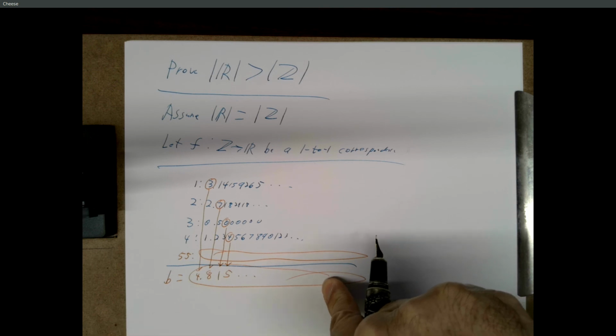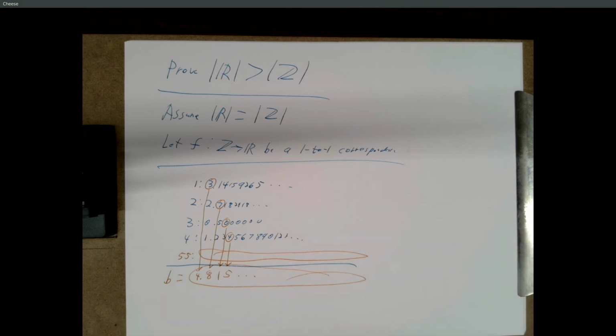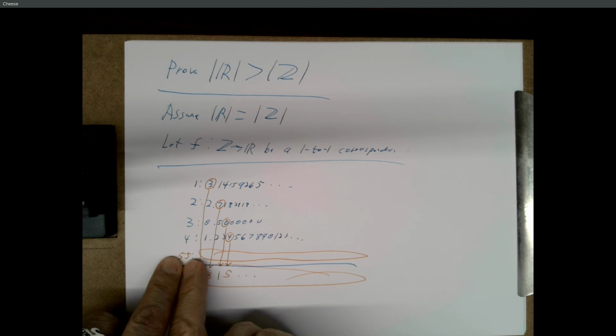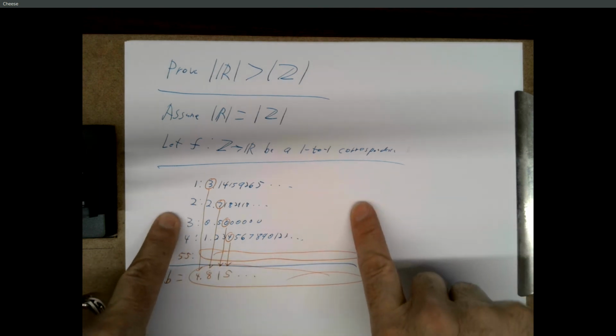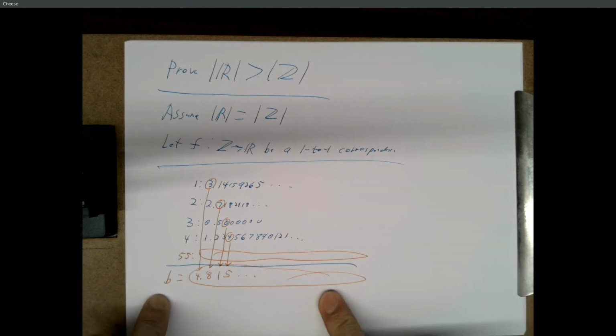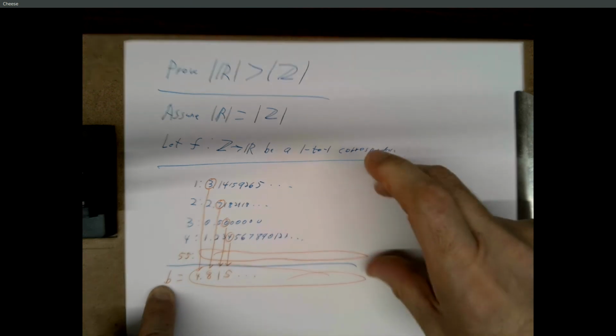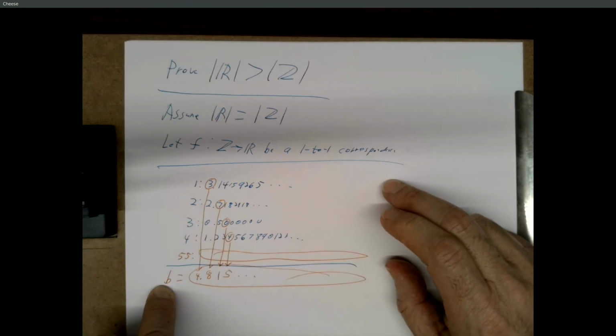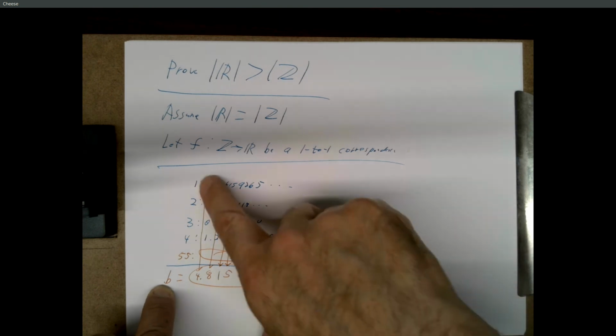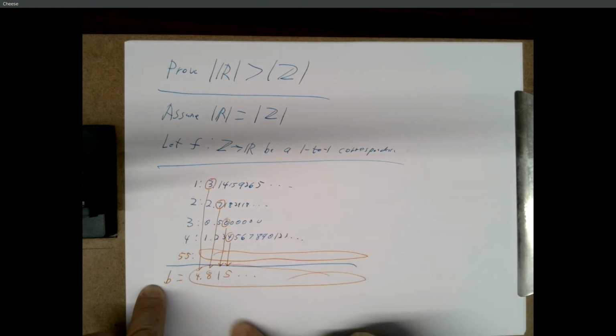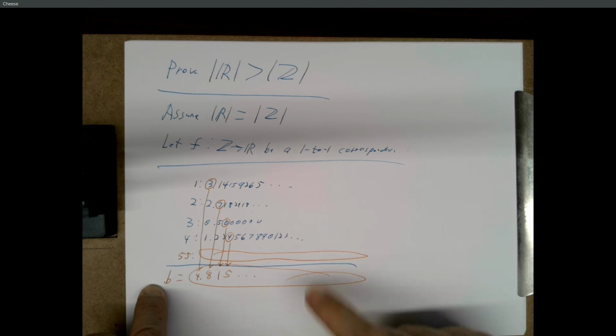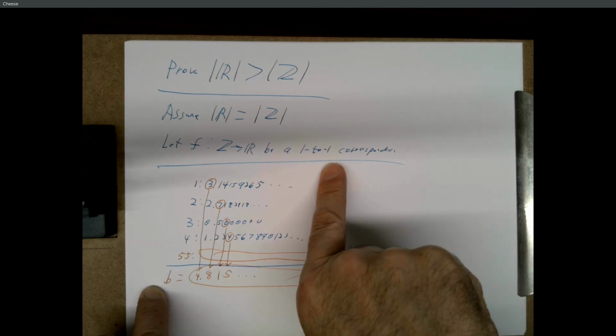And that digit's going to be different. And it doesn't matter if I pick the 55th number or the 17th number or any number. Any number that you pick out of this table is guaranteed to be different from b, which means b is not in this table, which means in this mapping that you gave me, there was no integer that mapped to b. And so you don't have a one-to-one correspondence.